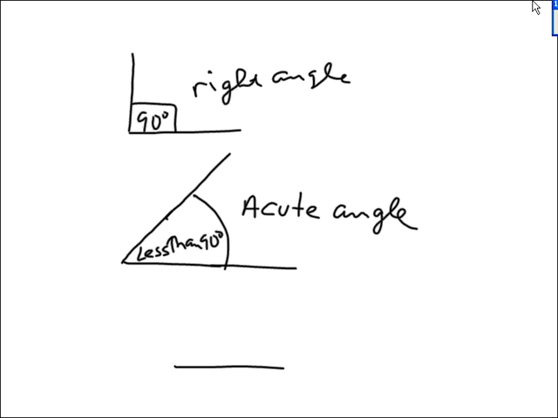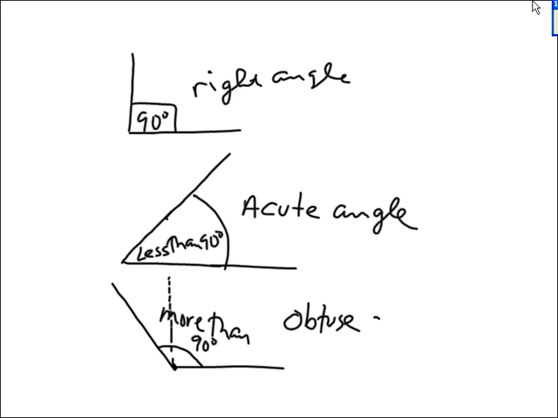If you are more than 90, remember, with respect to that ray on the bottom, 90 would be right here. If you are anything more than 90, a little more, a lot more, it is more than 90 degrees. This is called an obtuse angle.